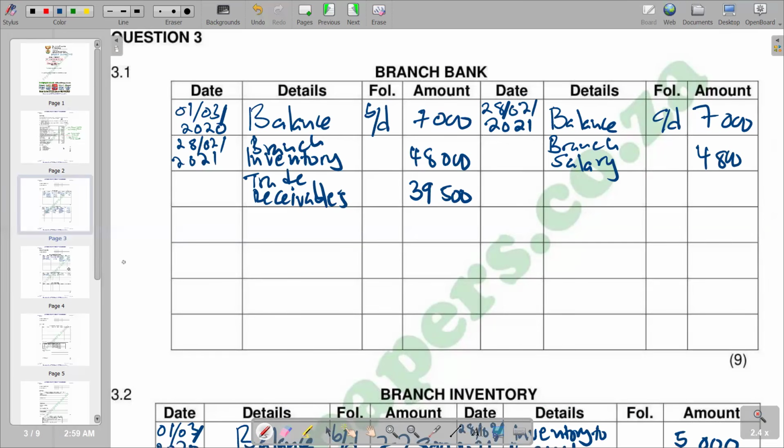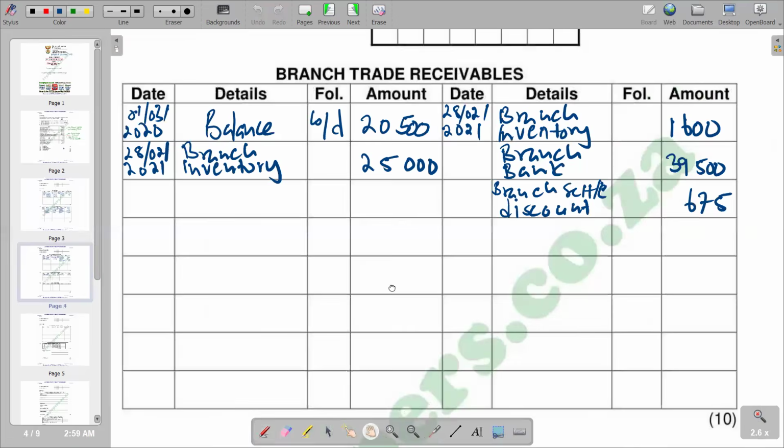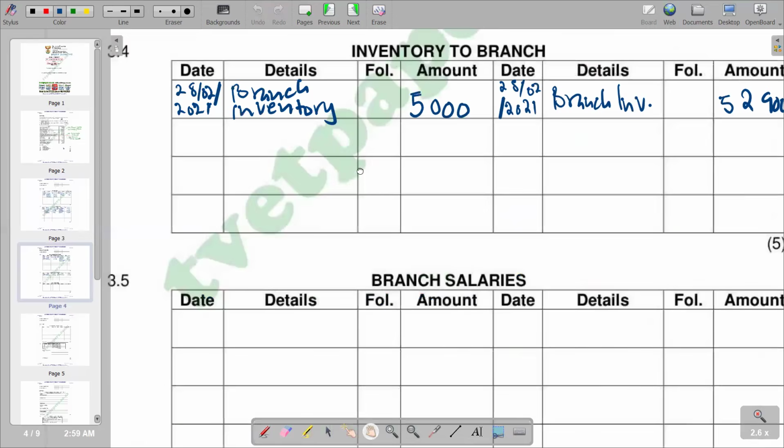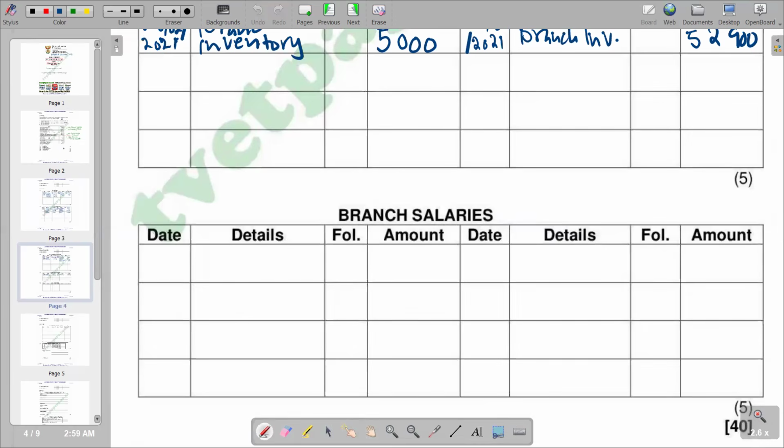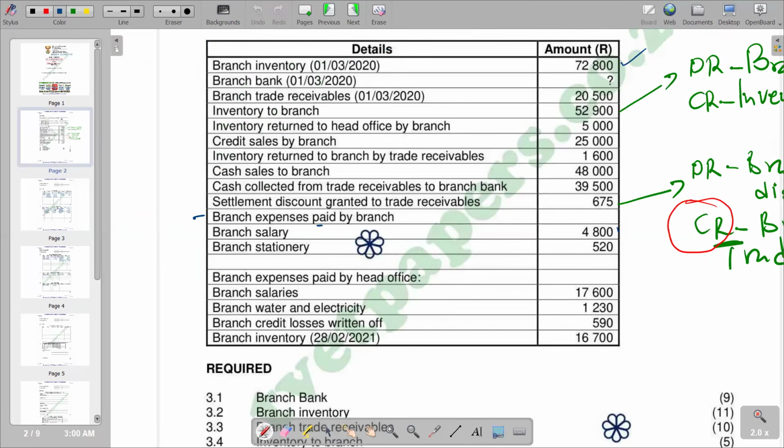And then we go to the branch salary account, go to the debit side, and this is at the end of the year, so it's 28/02/2021. Here it is coming from branch bank, and the amount that we have is 4,800. So this is what we have on the branch salary. Now we have completed this one.